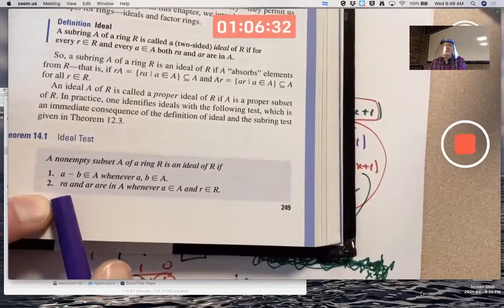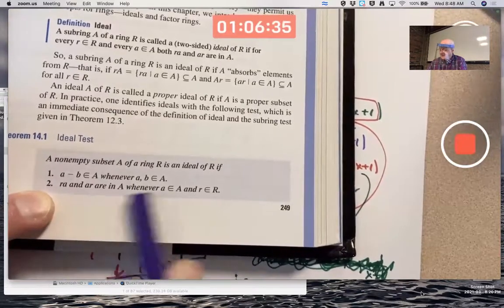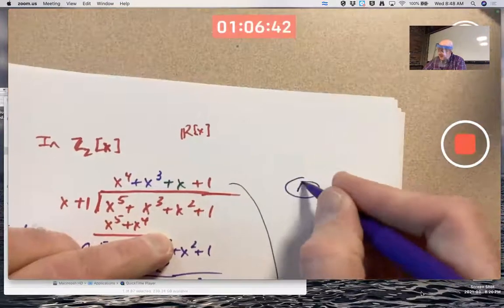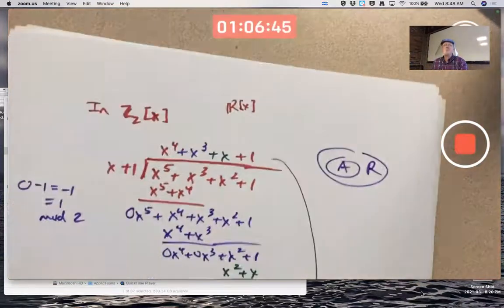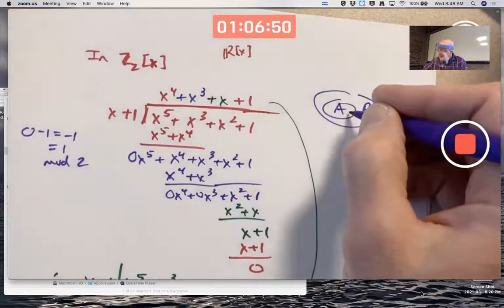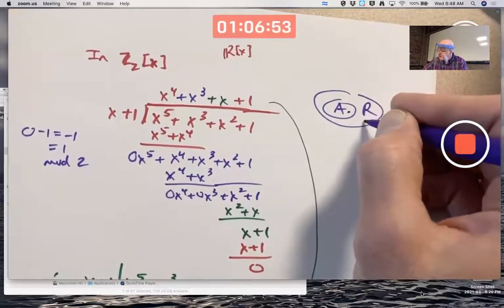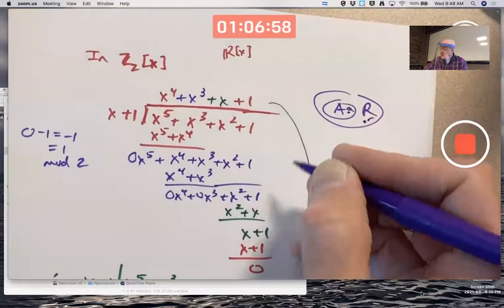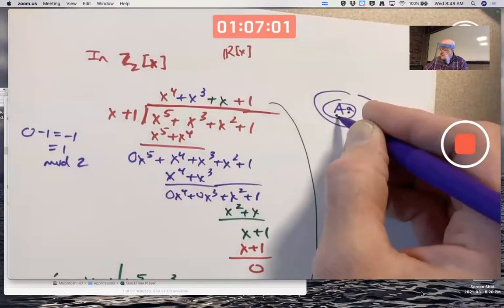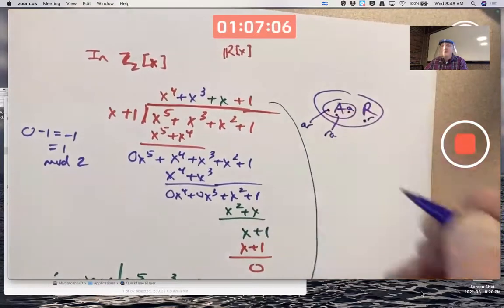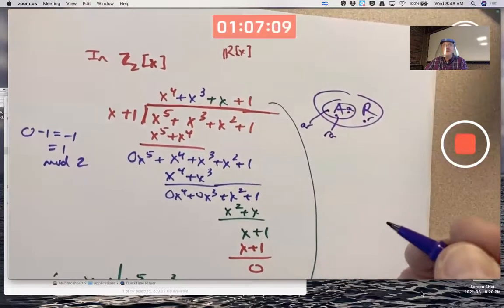The r here is any element of R, not necessarily in A. As a set, A is a subset of R. You can take any element of A and any element of R, including things that are not in A. And if A is an ideal, when you multiply them, it'll be in A. Again, ra and ar could be different from each other, but if A is an ideal, they'll both be in A.